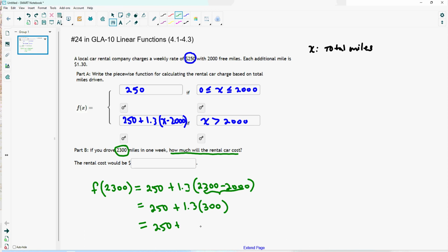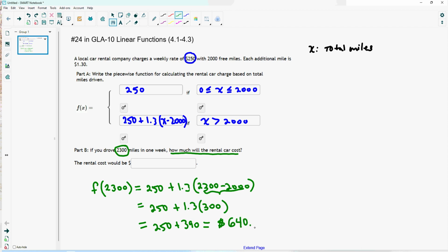I must have typed something into my calculator wrong. 1.3 times 300 equals 390. And then adding the 250 onto the 390 gives 640 as the final answer.